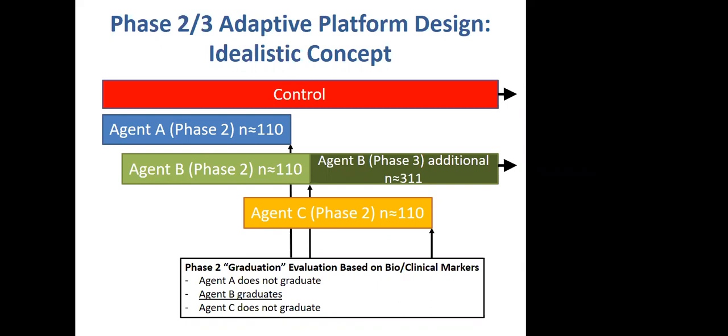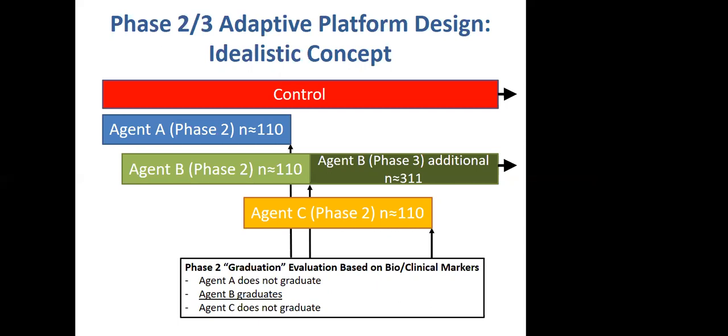In other words, the signal for efficacy wasn't sufficient in the phase 2 component of the study. And then agent B is transitioning, hopefully or ideally, quite seamlessly into a phase 3 component. How seamless that can be actually is one of the challenges in this particular study.